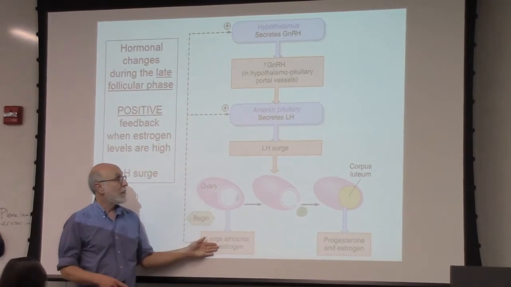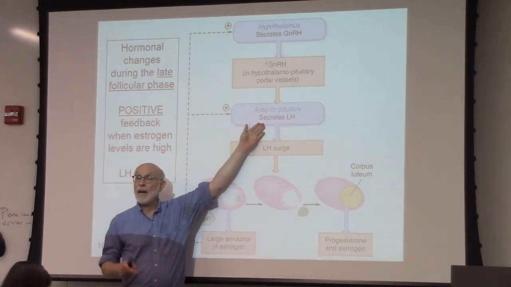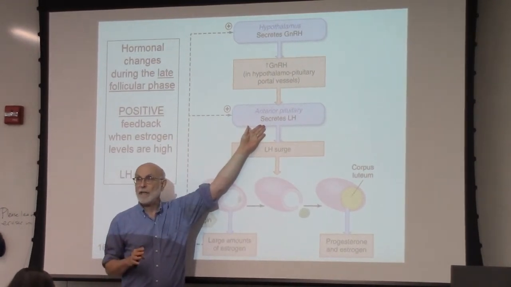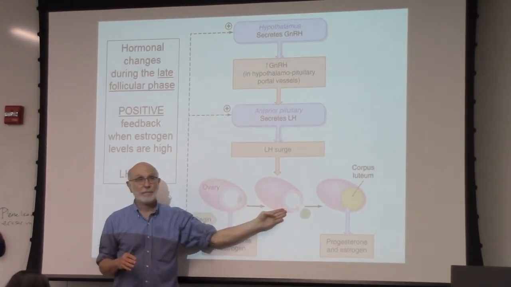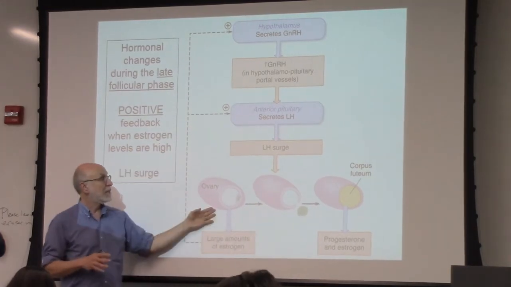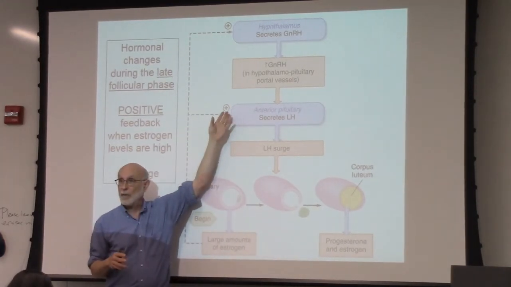And that large amounts of estrogen combined with a spike of LH and FSH is what triggers ovulation. So I'm trying to combine the physical and the endocrine changes here.